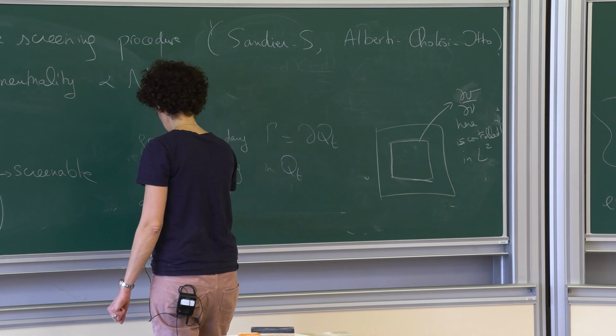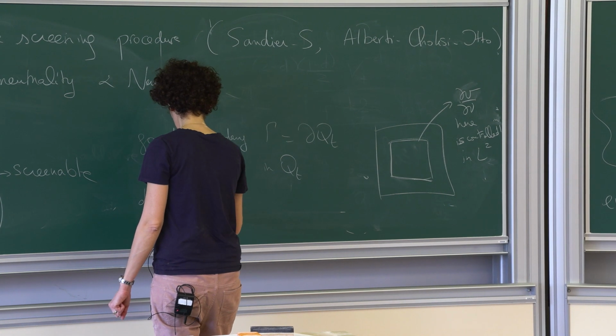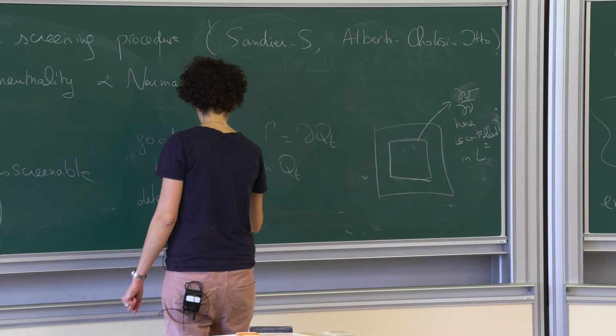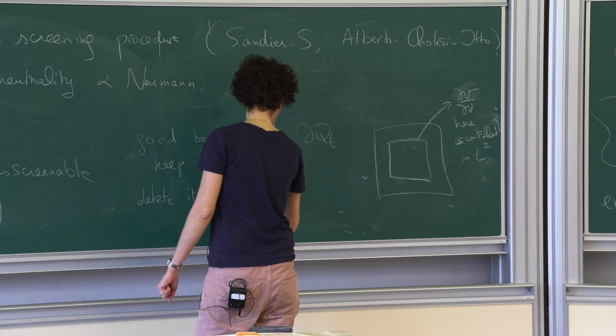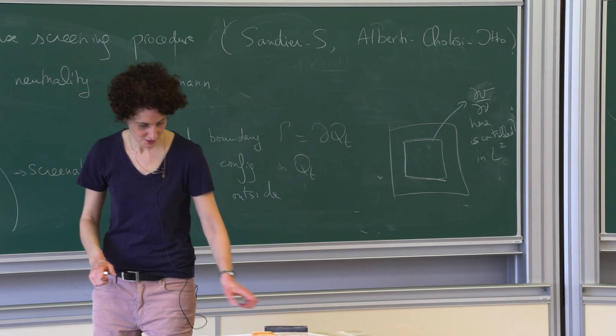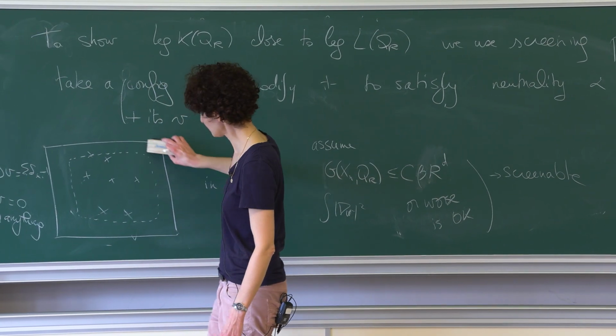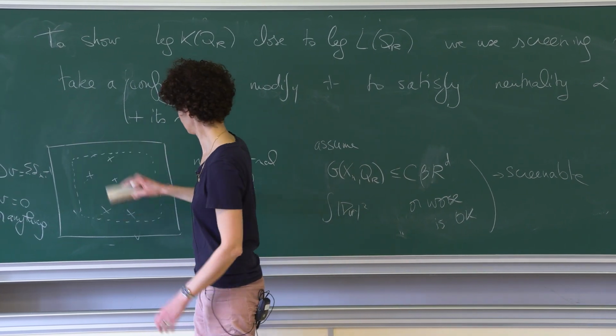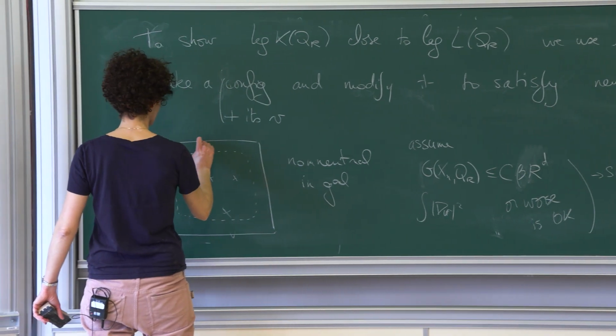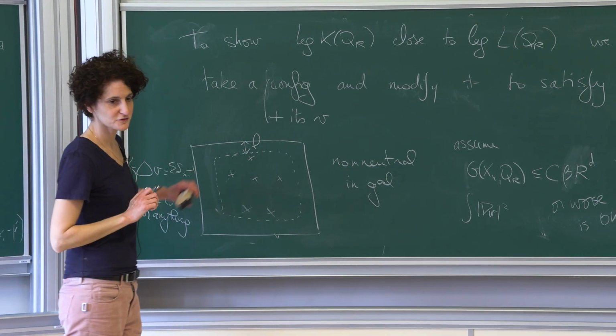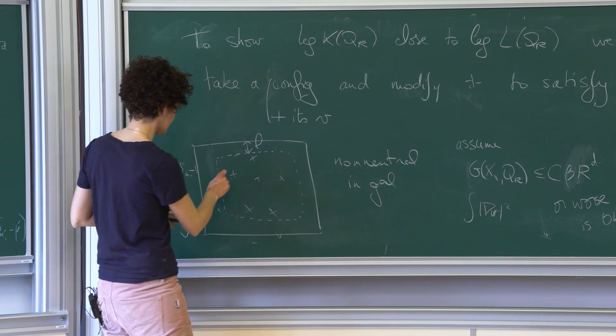And you want to delete it outside, so you're going to use the boundary layer. You're going to take your configuration, and you're going to literally delete everything that's outside this layer. And there is a length scale here, L, which is to be determined later.